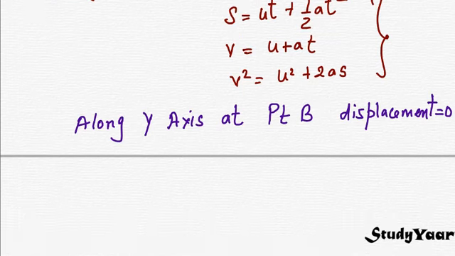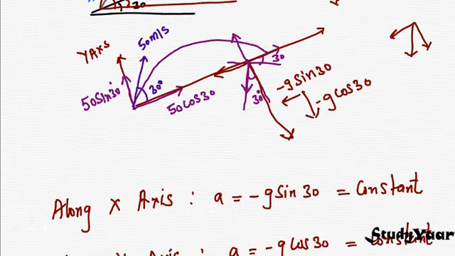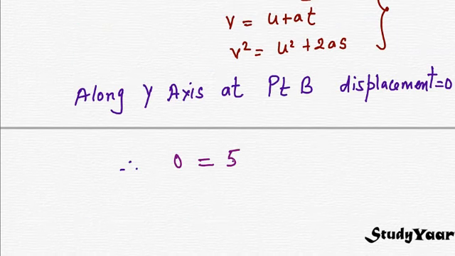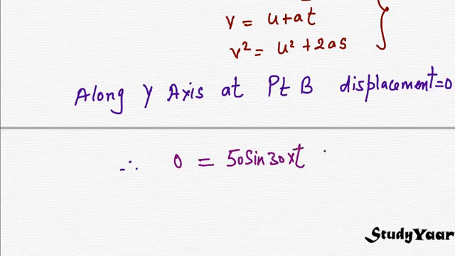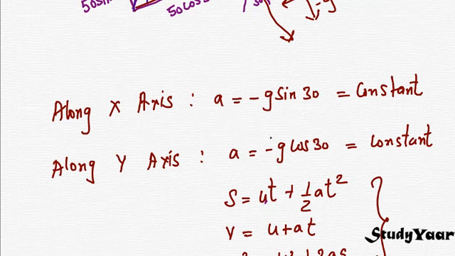So I am going to have 0 is equal to, what is your u in y direction? In y direction your u is positive 50 sin 30. So you have 50 sin 30 into t plus half into, what is your a? Your a along y-axis is minus g cos 30.